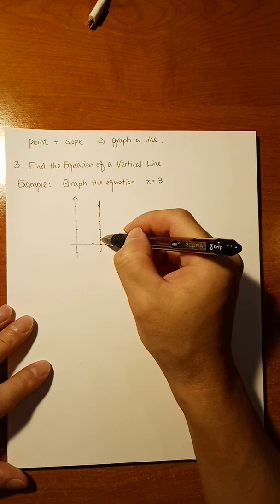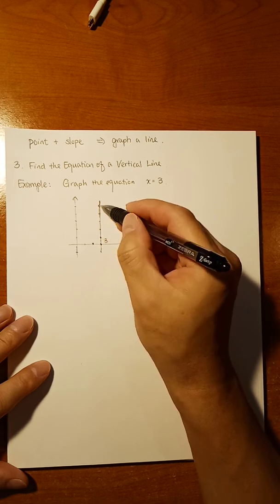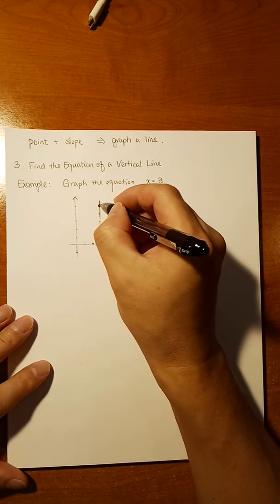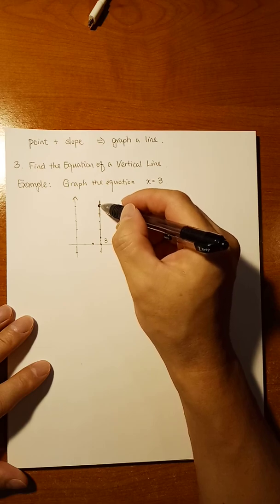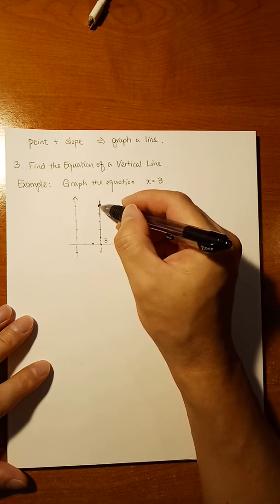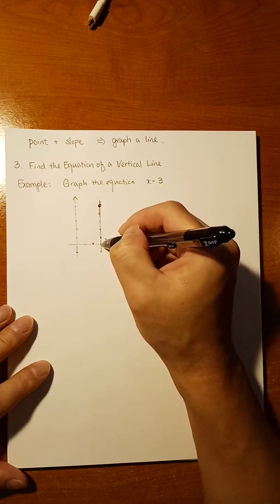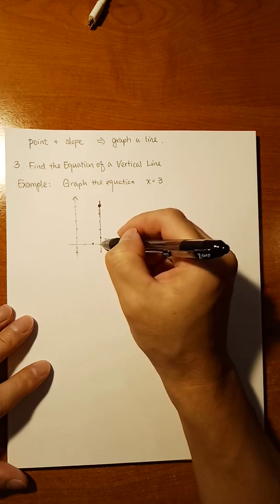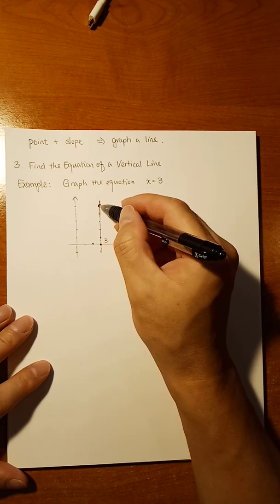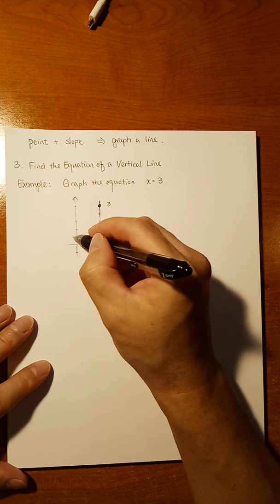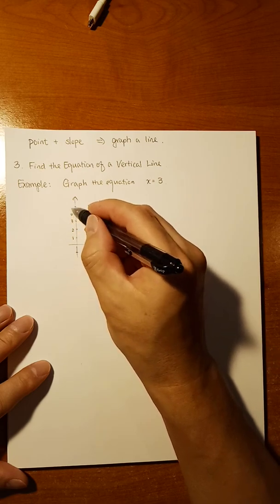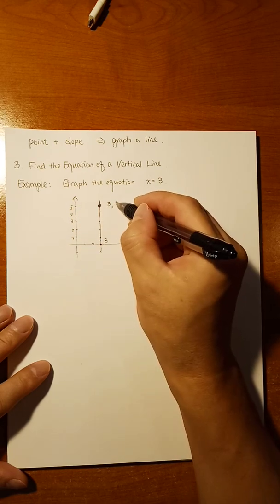X is always 3. For example, for this point, if you want to make sure its x coordinate is equal to 3, you just go vertically down to the x-axis. You see this number 3, then its x coordinate is 3. And the y coordinate is 5.